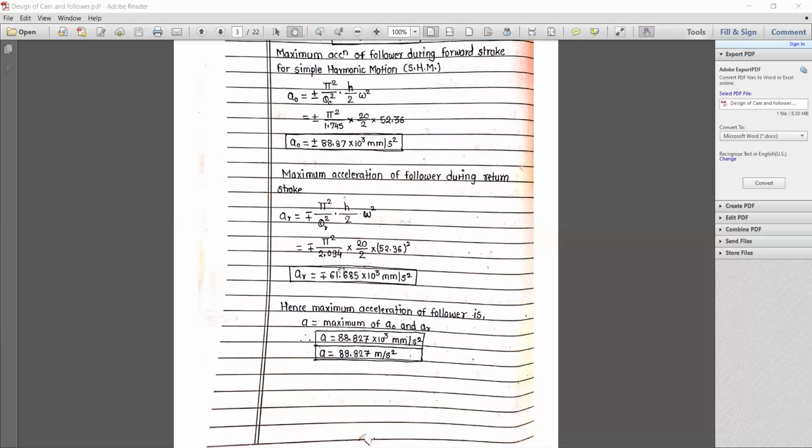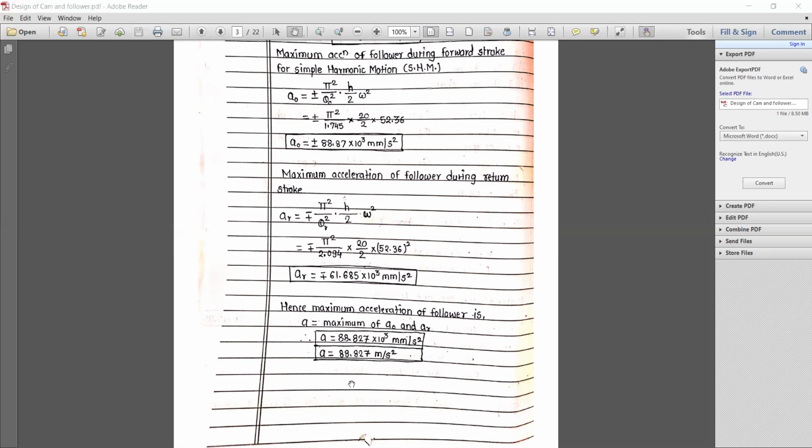Next, the maximum acceleration of the follower during the return stroke. Similarly, the equation is the same, only the angle gets changed. Earlier we calculated for forward, now we will calculate for return. So in this equation only theta 0 will be changed to theta r. Putting all the values, the maximum acceleration for the return stroke is plus minus 61.68 into 10 raised to 3 mm per second square.